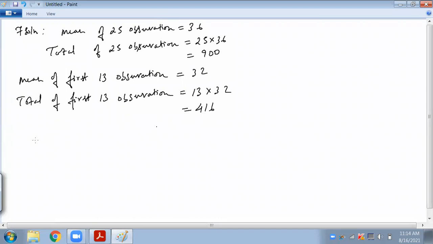Then again, the mean of the last 13 is also given, so we'll write the mean of the last 13 observations is 40.